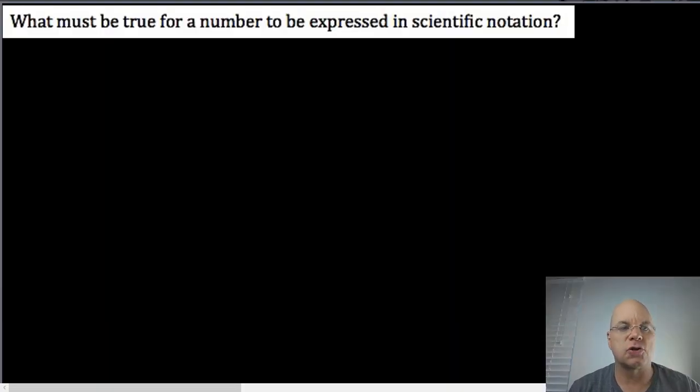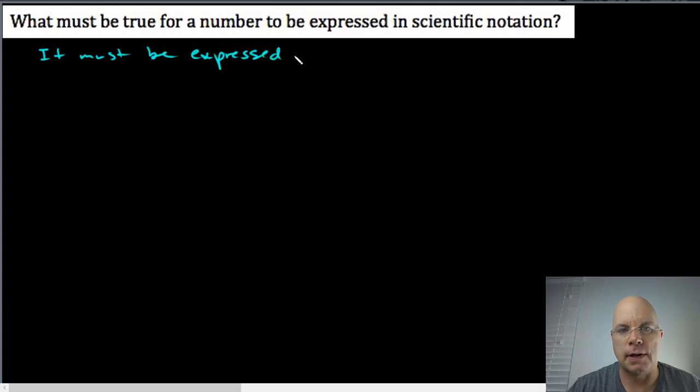Problem number 9 asks what must be true for a number to be expressed in scientific notation. And the answer to that is it must be expressed as a product of two factors.